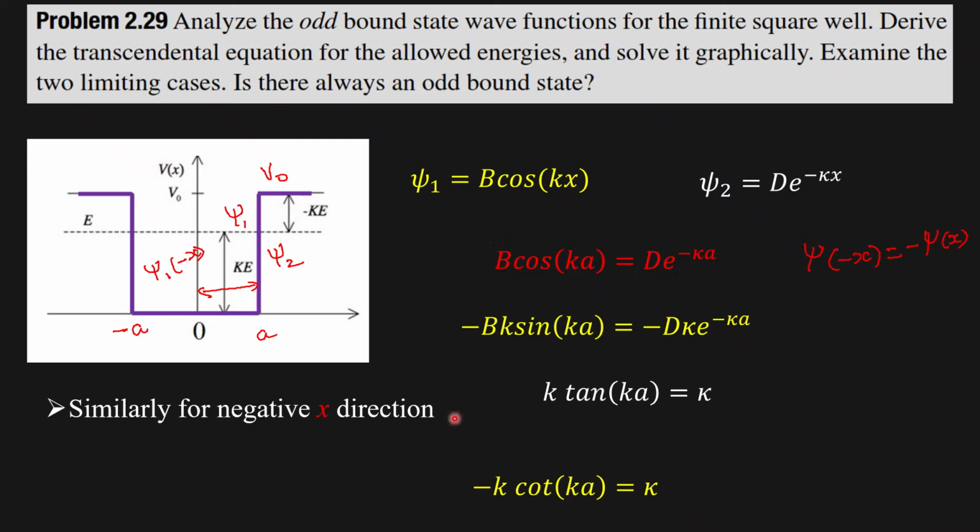For the wave function, in order to have continuity, you must have psi 1 equal to psi 2. So we have seen psi 1, p cos kx, is equal to t e to the power minus kappa x. And the derivative must also be the same, that is psi 1 prime must be equal to psi 2 prime.